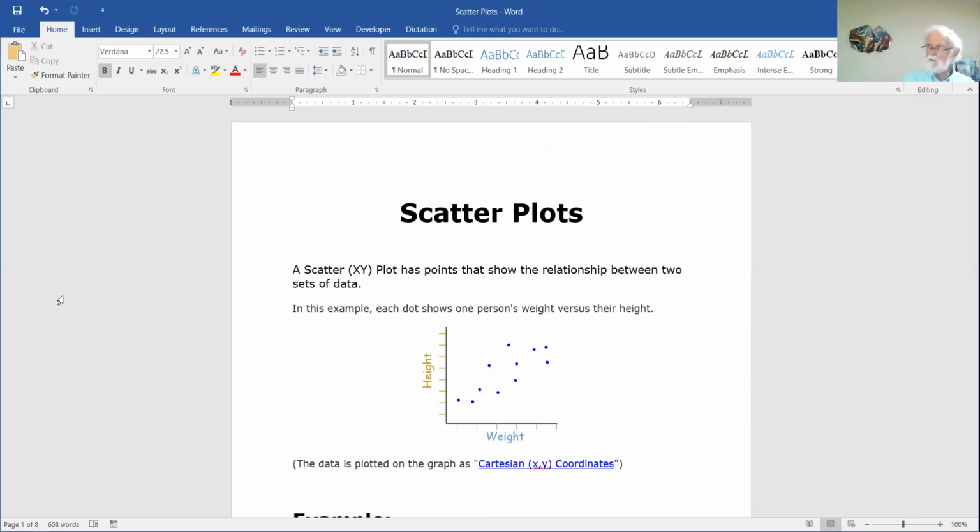One of my favorite examples, I don't have it on here, but I will tell you, is a number of years ago, as part of a statistics class, some people decided to see if there was a relationship between the price of a slice of pizza in New York City and subway fare.